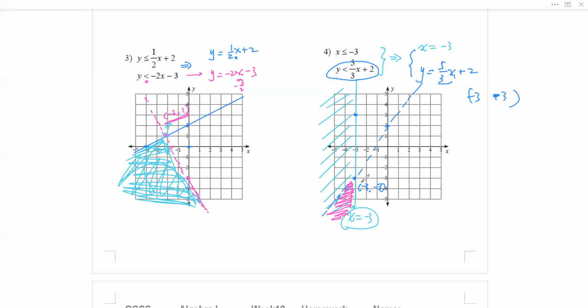The cross point is -3, -3. They are not including the dash line, but including the solid line, and not including this cross point. So the area will be right here, this part.